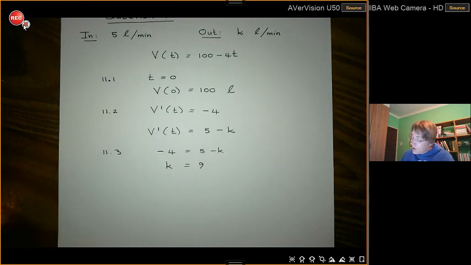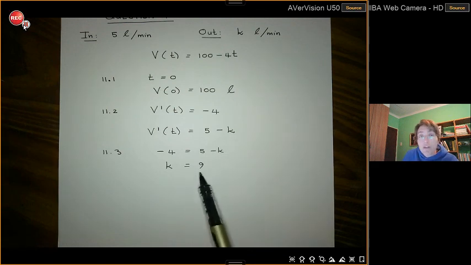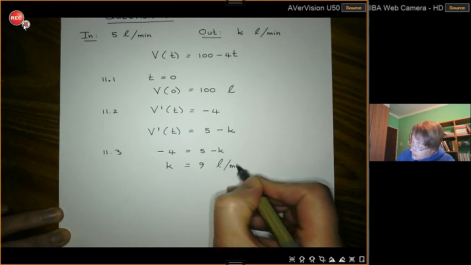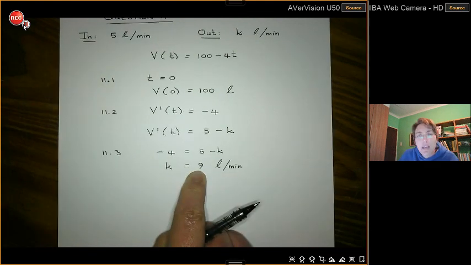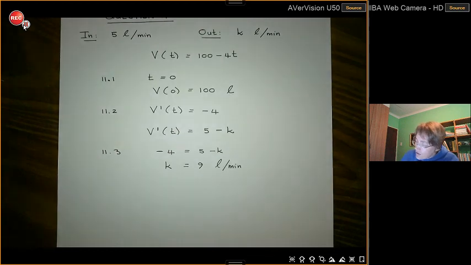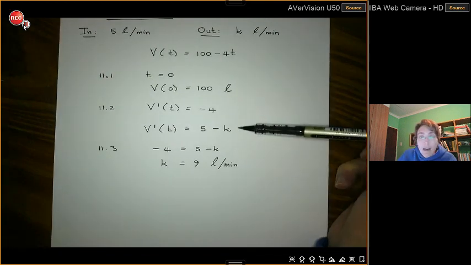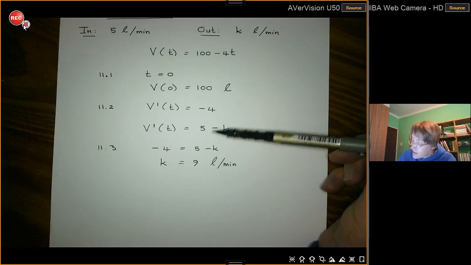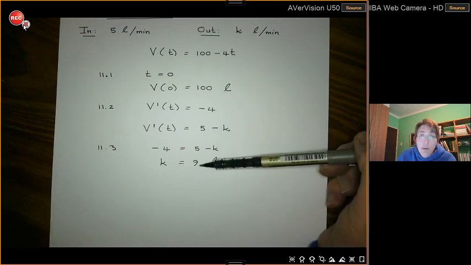Now, you need to understand in the context of this problem that this means the water flows out at 9 liters per minute. I know a lot of you would have expected it to be negative, but it has to do with the fact that when I set it up, I said it's minus k, and because I put the minus there, this one turned out to be positive.